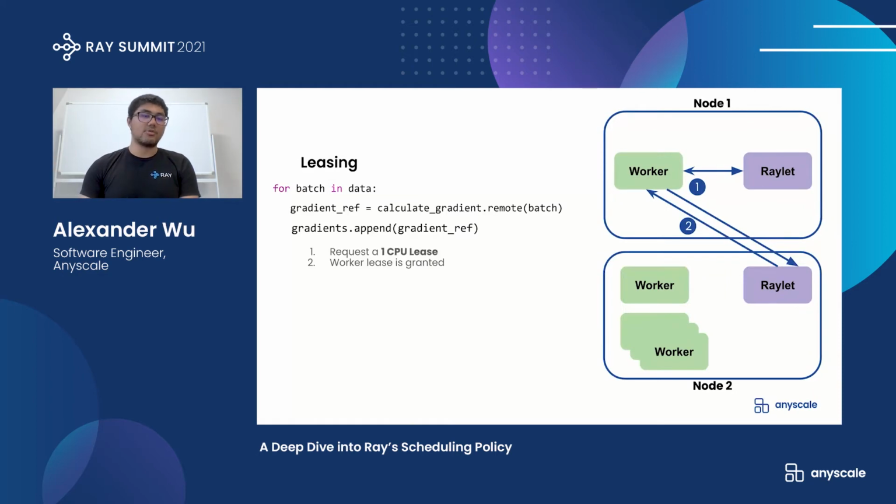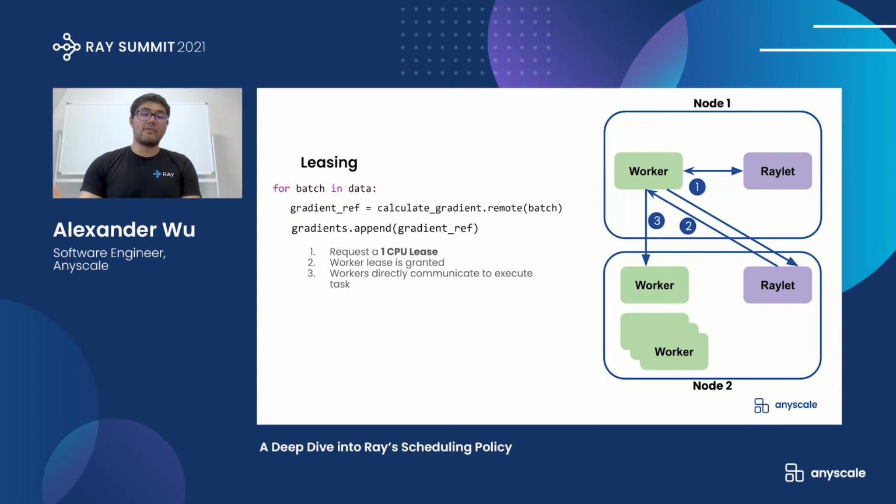So now the raylet will grant us a lease for the worker instead of just letting us execute a single task on that worker. We'll then again communicate directly with that worker and send it a task to execute. But now the difference is that after this task finishes, we still have the lease on the worker and we can keep reusing it.